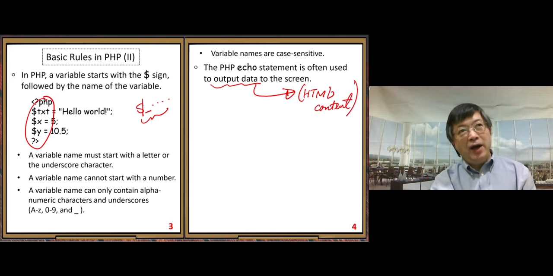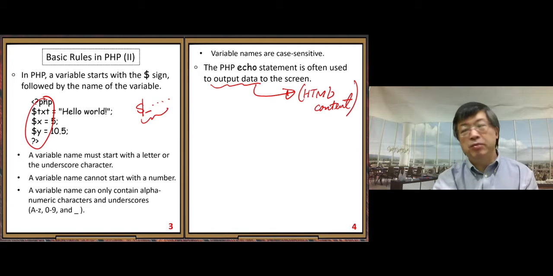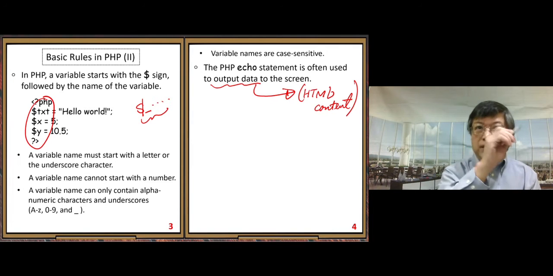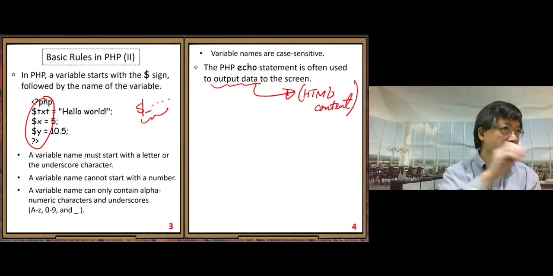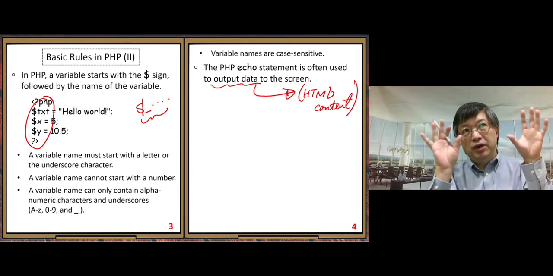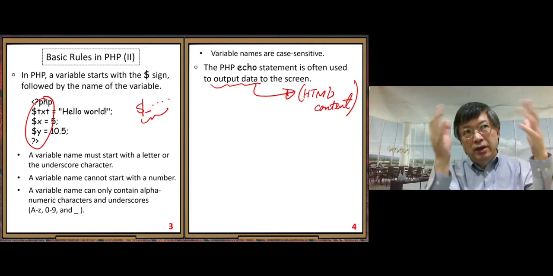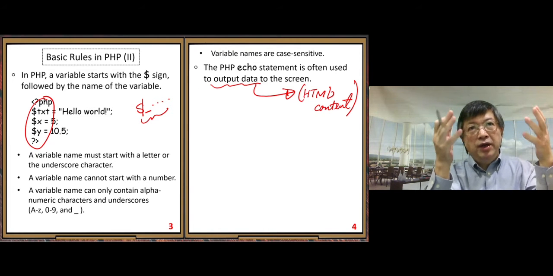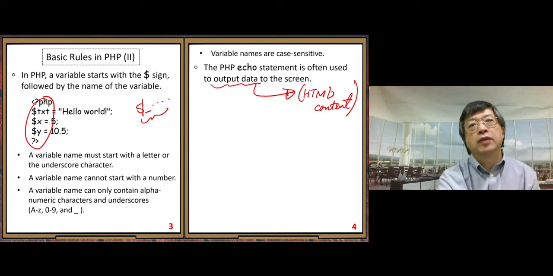Why is this hidden meaning important? Because in that way, you can write HTML tags.